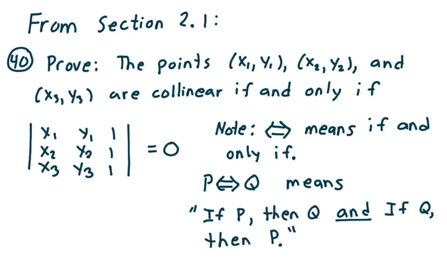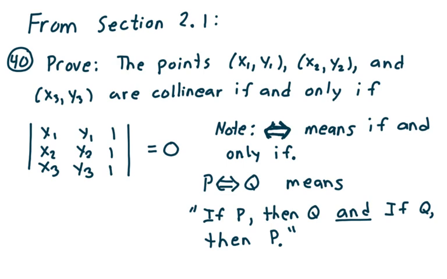Now, let's make a note here. When I write an equal sign with an arrow that points to the right and an arrow that points to the left, this symbol means if and only if. And you might ask, what does that mean?